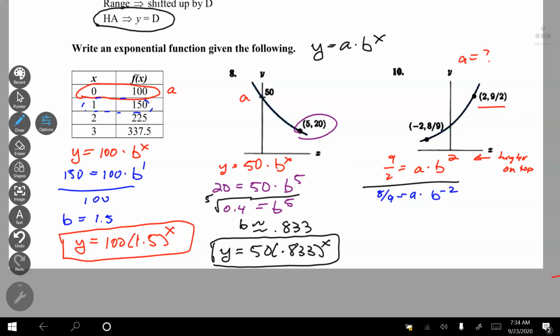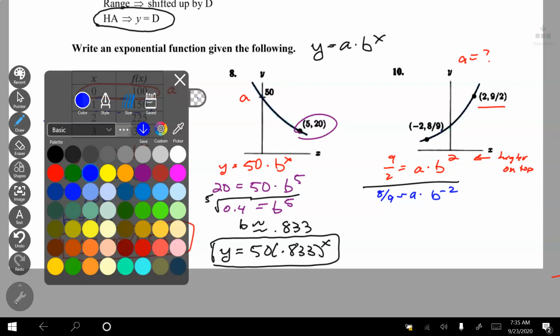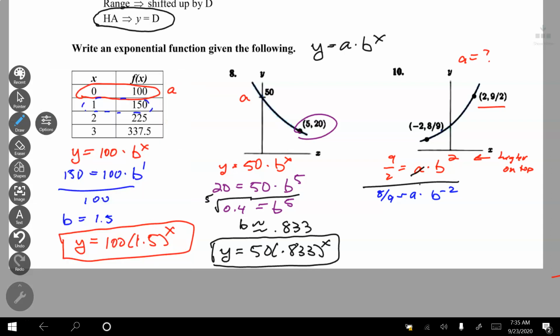Because now I have a nice system here. I'm dividing them out. The a's do cancel. And I subtract exponents. I get b to the fourth. I do this math. I get 81 over 16, or some decimal like 5.0625. Okay? I take the fourth root of it all. I get b equals 3 over 2, or 1.5.